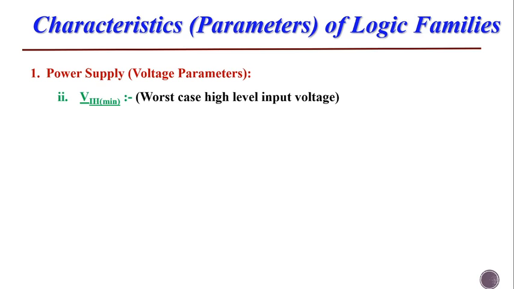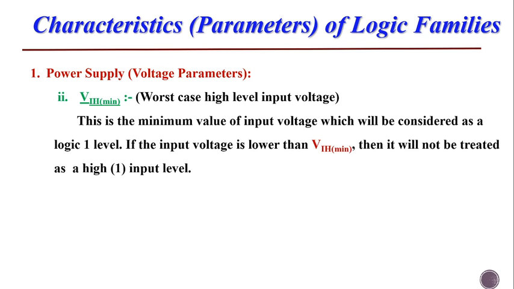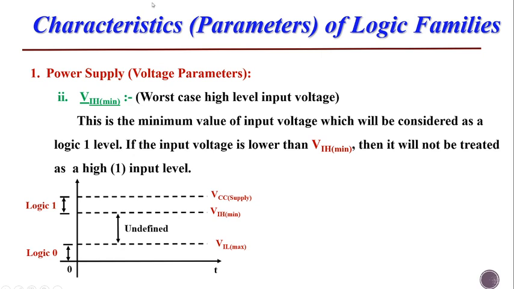Then VIH min, the worst case high level input voltage. This is the minimum value of the input voltage which will be considered as a logic 1 level. If the input voltage is lower than this VIH min, then it will not be treated as a high input level. So let's see again.